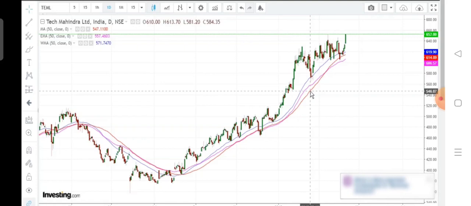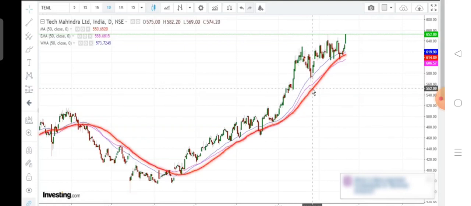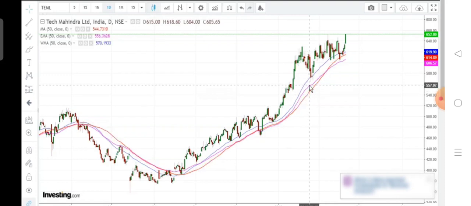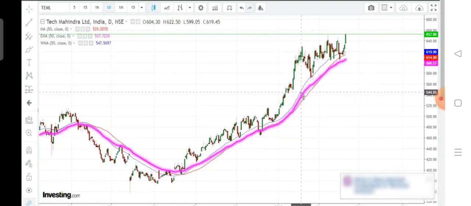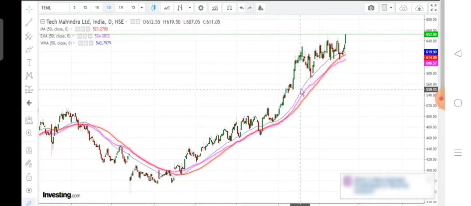So this becomes a little more sensitive to the price movement. See, the red line is the most lagging, the pink line is next, because it gives a little bit more importance to the price movement. And as price is going higher, the pink line moves faster in the higher direction than the red line.